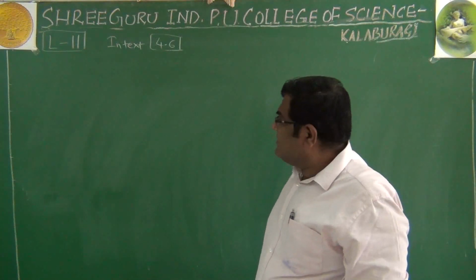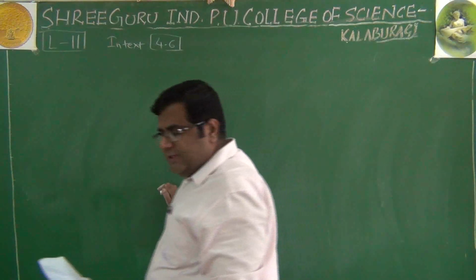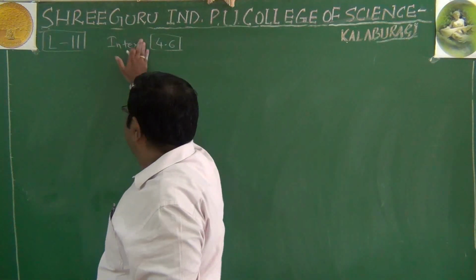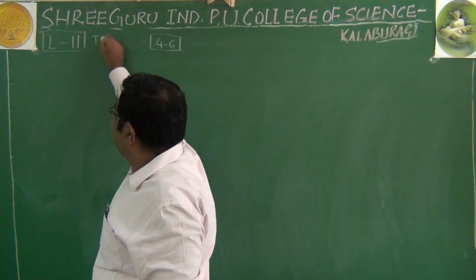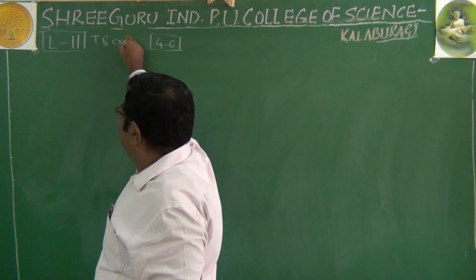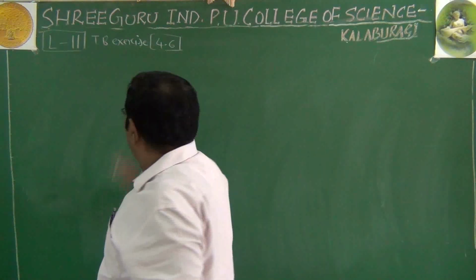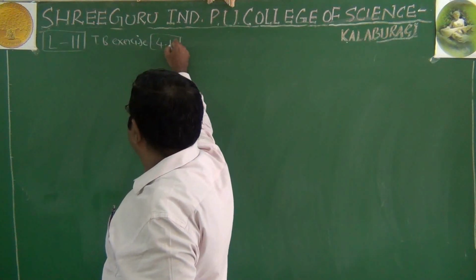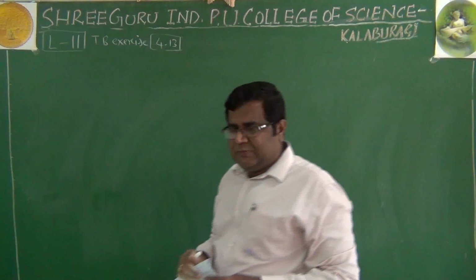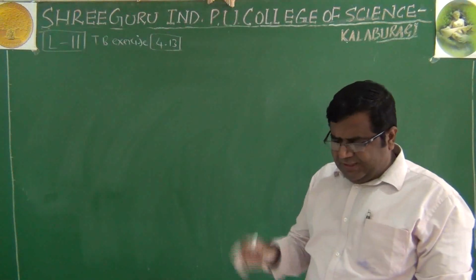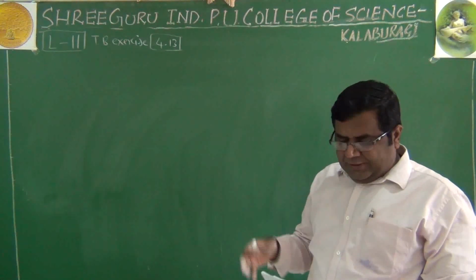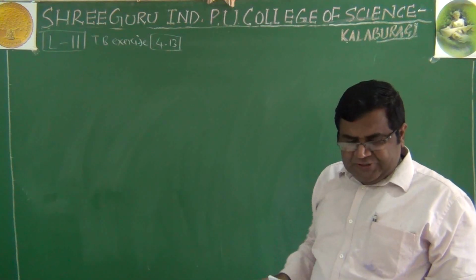So now the next one is the textbook exercise question. I will write this as TB, meaning textbook. This is the short form we'll use. Exercise question 4.13, textbook exercise. Similar questions I have grouped so that we'll have a better command on these questions.